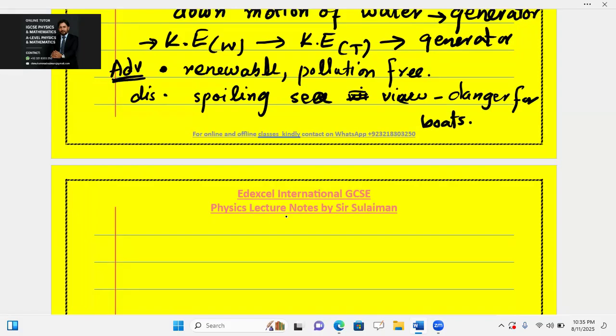In the next section, they are fairly unreliable since the waves tend to die out when the wind drops, and the initial cost is high. So disadvantages are also there: non-reliable, and the initial cost is high.